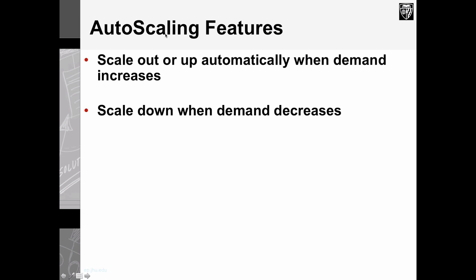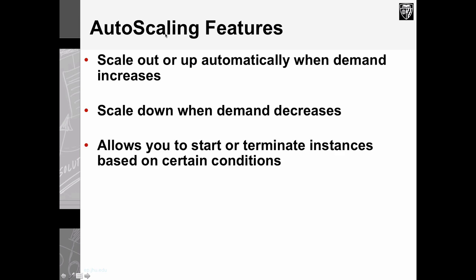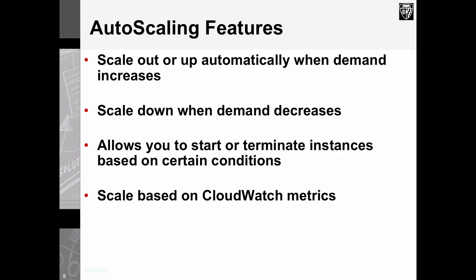When we use autoscaling, we get several benefits right out of the box. The first thing is we scale out or scale up our capacity automatically when the demand increases. There's no manual intervention. Nobody has to watch it or add server capacity. Conversely, when the demand decreases, we scale down or remove the additional capacity that we allocated.